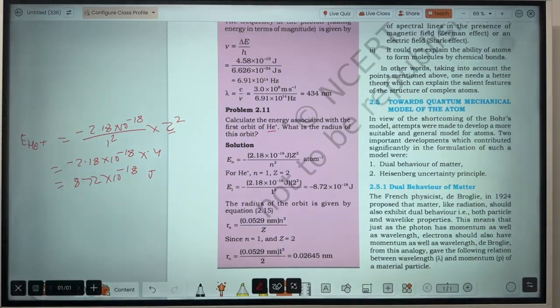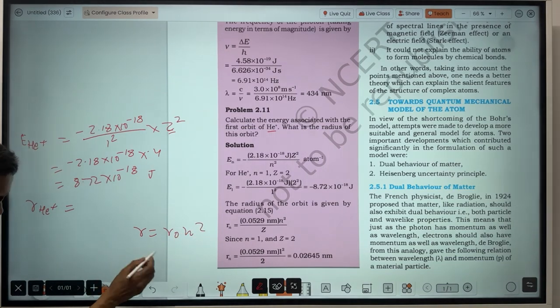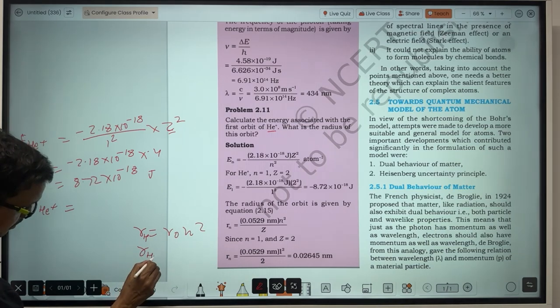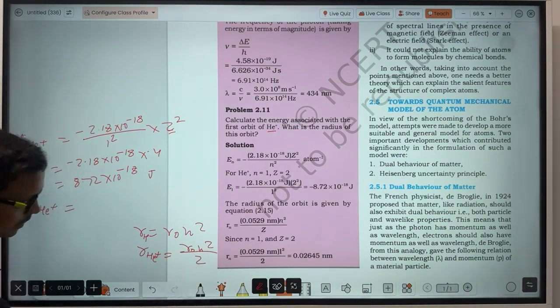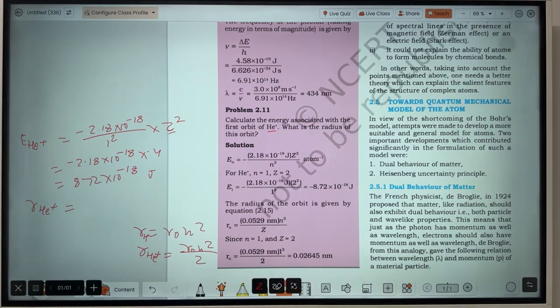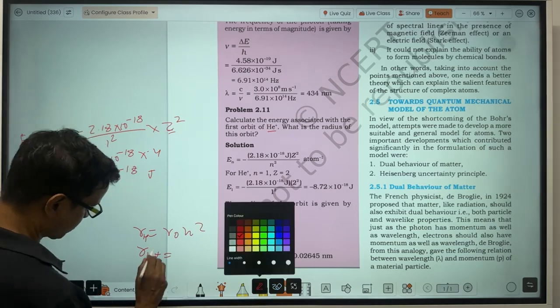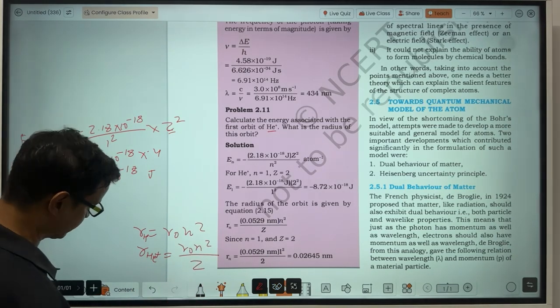So the radius of He plus will be divided by Z. You know the radius of hydrogen is R naught n square. For hydrogen-like species, the radius will be R naught n square upon Z. Z here is 2.